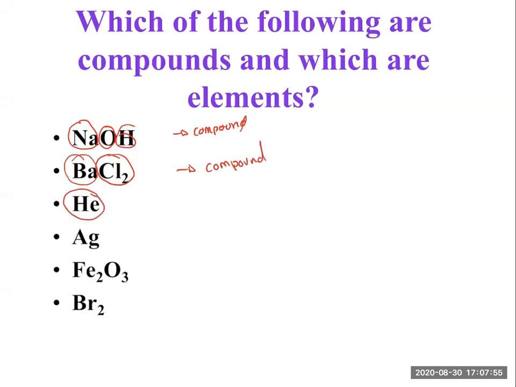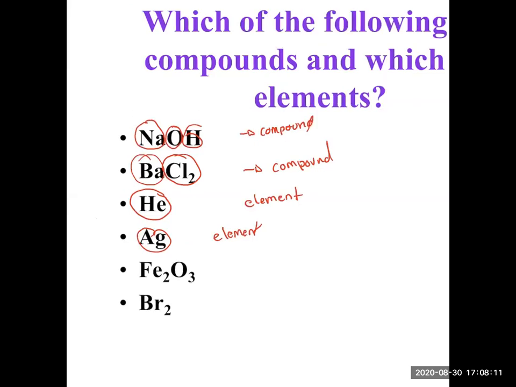This is only helium, so it's just one element. It's a silver element, and so on. So this should help you identify whether you are dealing with a compound or an element by itself.